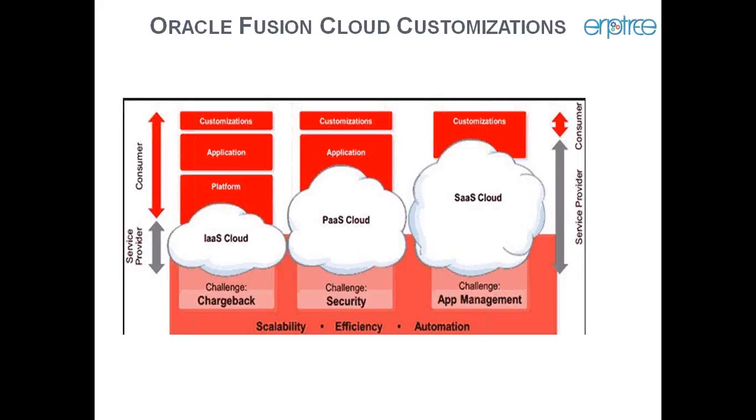SAP doesn't have much market as compared to Fusion HCM. The same thing applies for Workday also, because we can see very big clients are attached to Fusion, but if you go to SAP, it is not. This is just a clarification, because I always get this kind of question, so I just explained it.